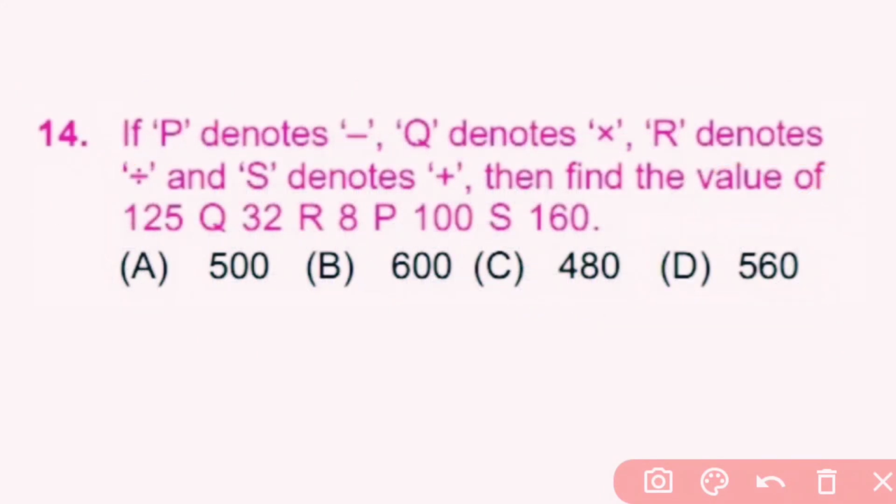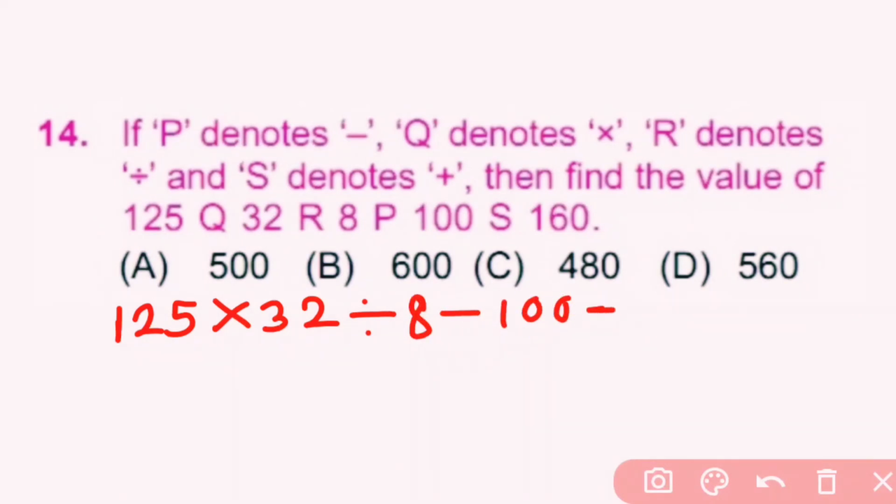Question number 14. If P denotes subtraction, Q denotes multiplication, R denotes division and S denotes addition, then find the value of 125 Q 32 R 8 P 100 S 160. So here Q is multiplication, then R is division, then P subtraction, then S is addition.